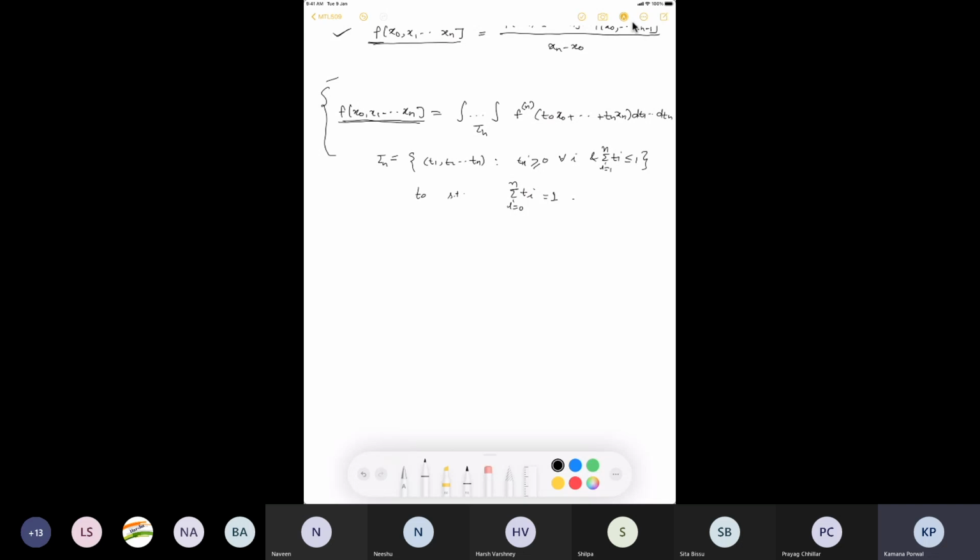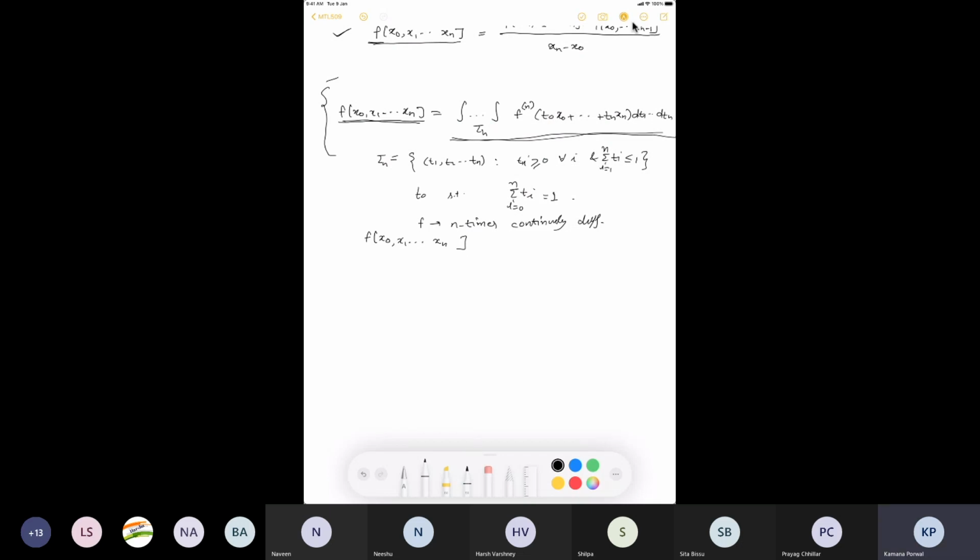If I treat the nth order divided difference as a function of the variables x0, x1 up to xn, and it is given by this, and assuming that f is n times continuously differentiable, then you can notice that this integral makes sense, right?